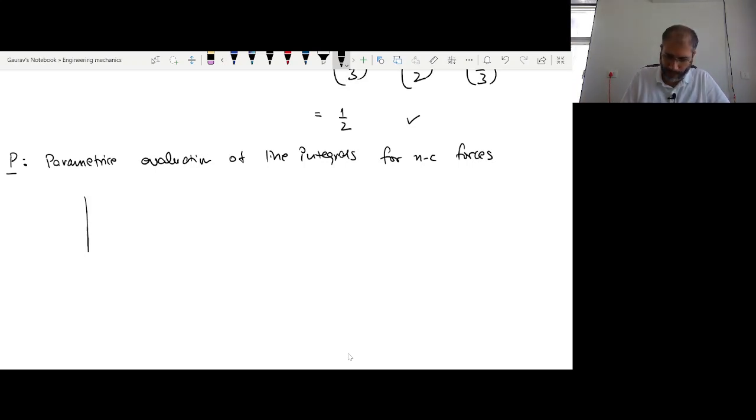So the problem is we have a particle moving in a circular path. So from point O to point A, it moves in this semicircular path.